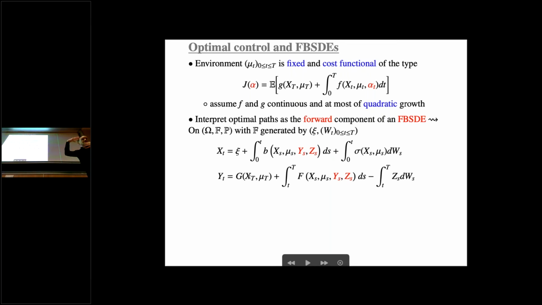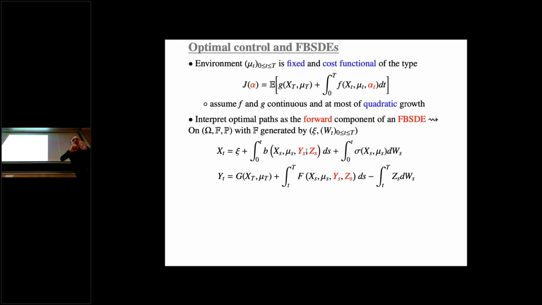And basically, there are two ways. The first one is either you represent the value of the game and you follow the value of the game along the optimal trajectory. This will be y. And then you use z in the backward equation, z in the drift, or you represent the evolution of the derivative of the value, which is more or less the action.